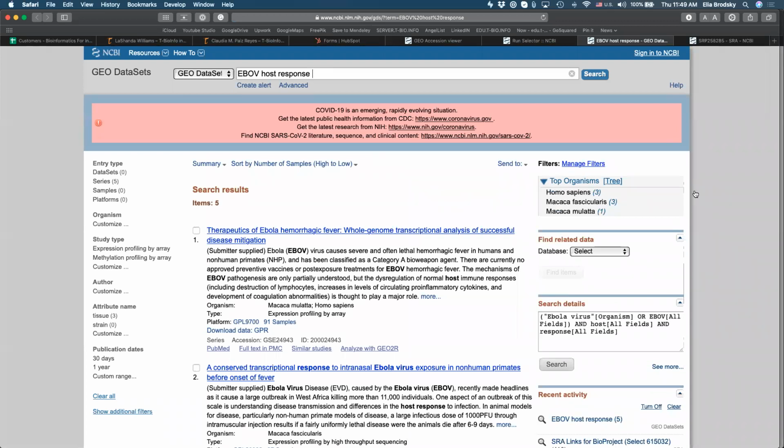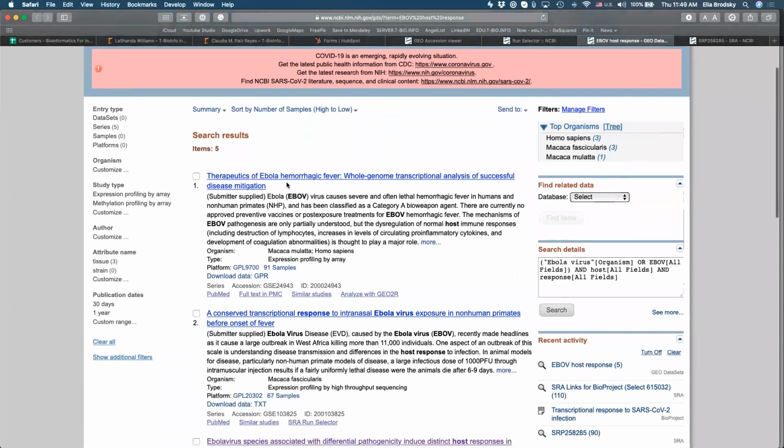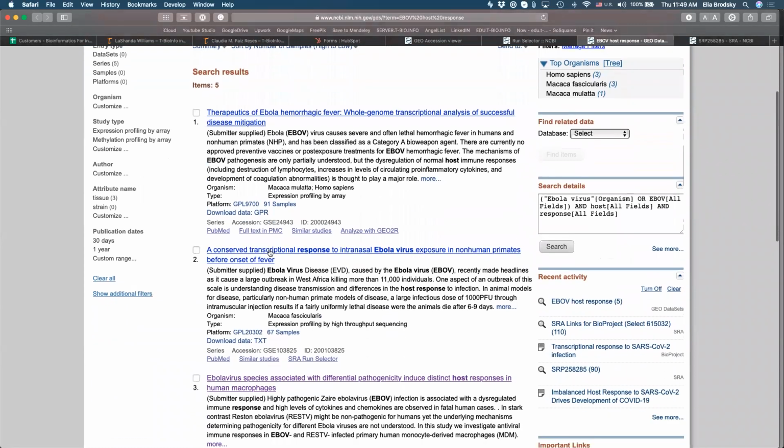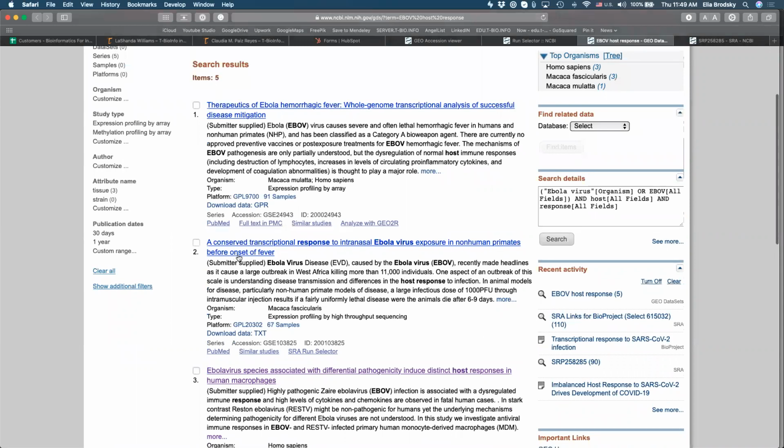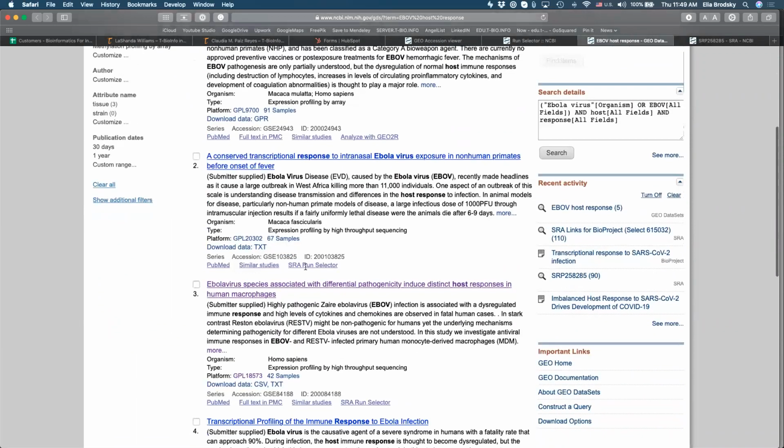So here's a link. Therapeutics of Ebola hemorrhagic fever, whole genome transcriptional analysis of successful disease mitigation. So this is for treatment. Conserved transcriptional response to intranasal Ebola virus exposure in non-human primates before onset of fever.